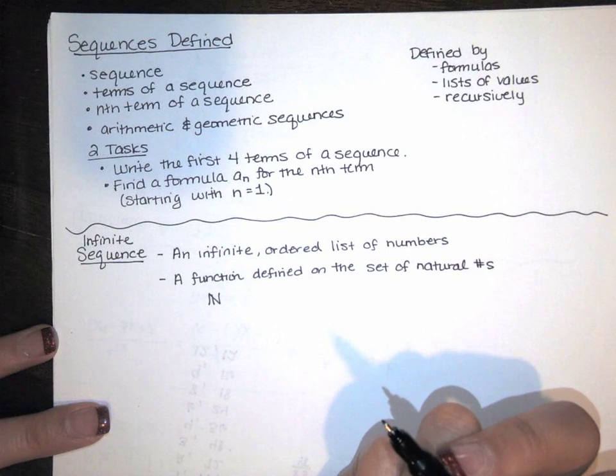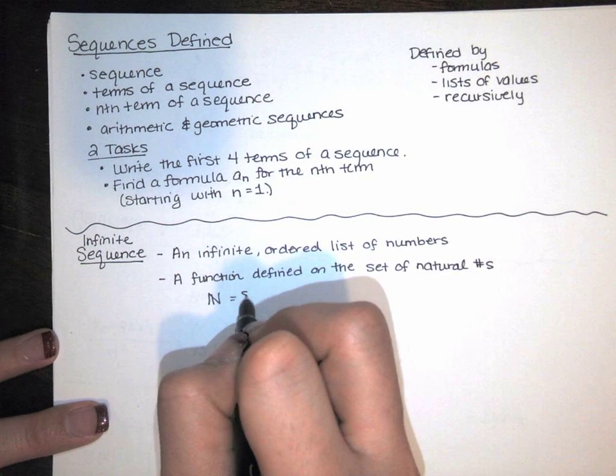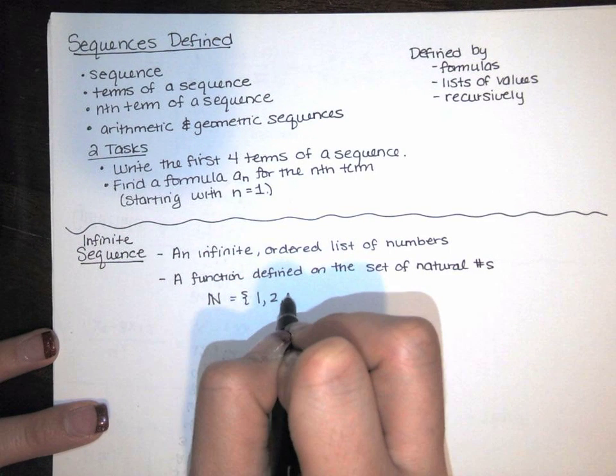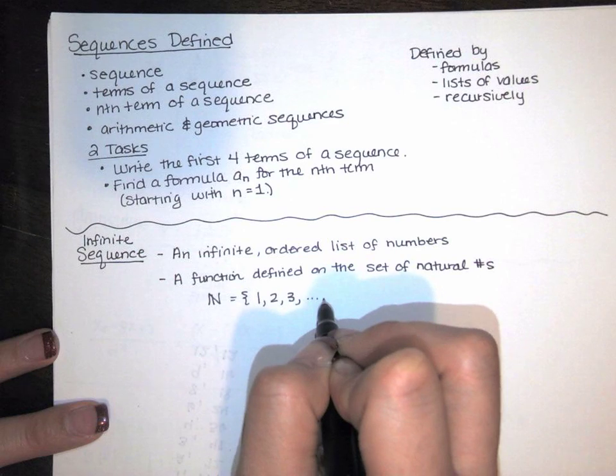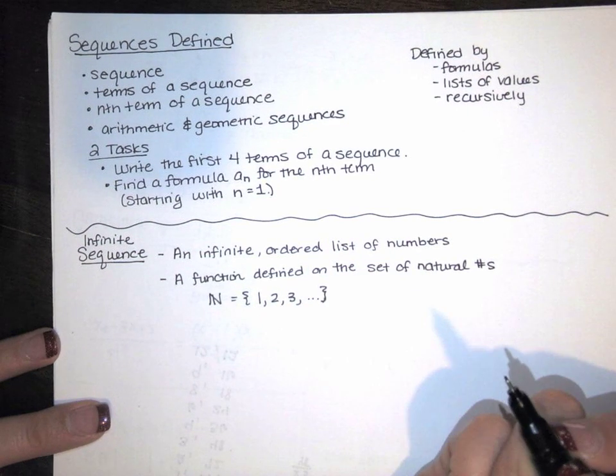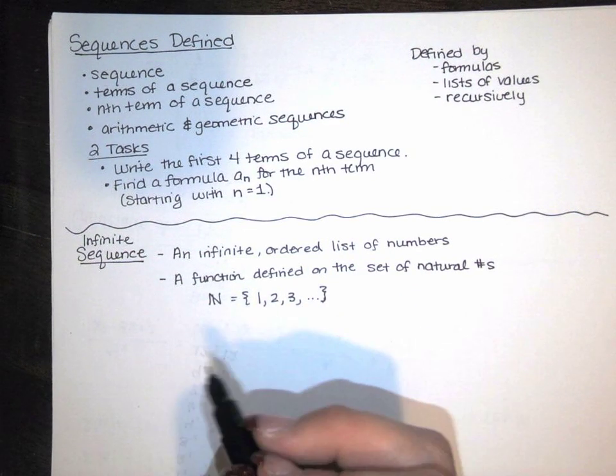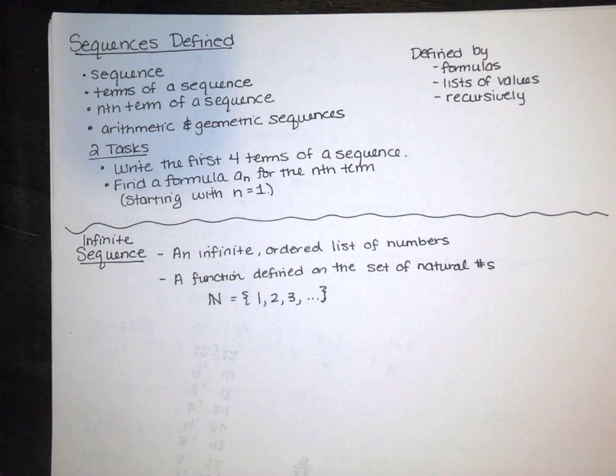It's represented in mathematics by this n with the double bars. 1, 2, 3, and so on. But sometimes we loosen that restriction. Really, an infinite sequence is just a function defined on a subset of the integers.